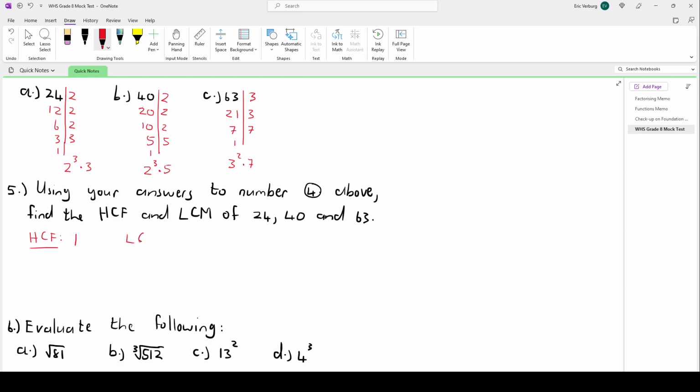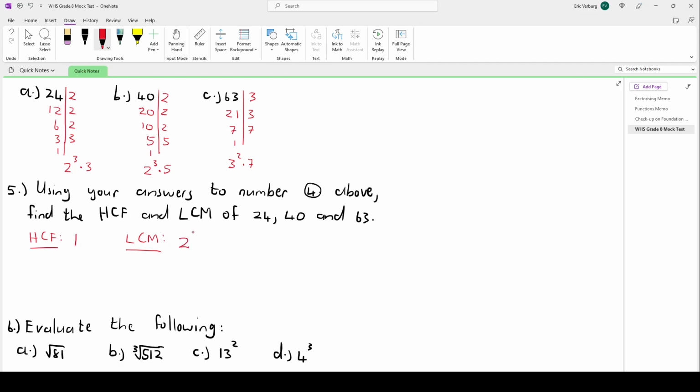For the lowest common multiple, now we don't look for things that are common, but we look for any number that there is and we use the highest value of that. So, for instance, the 2's. So we see there is a 2 somewhere, then we use the 2 with the biggest exponent. So this is 2 to the power 3, also 2 to the power 3, no other 2's.